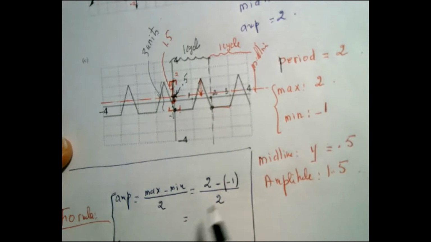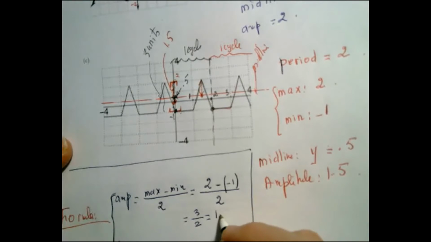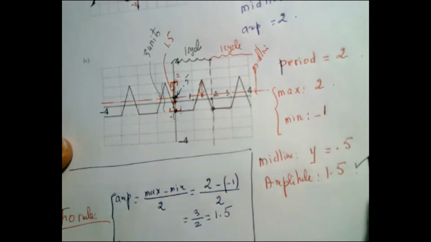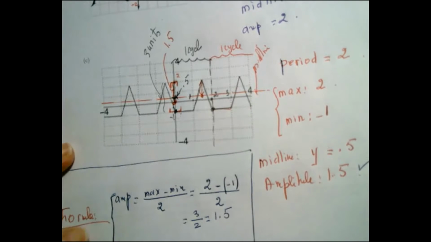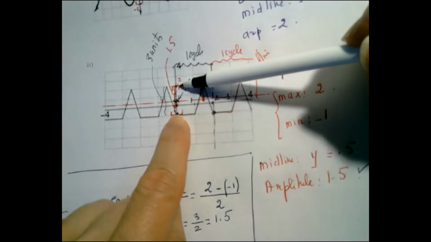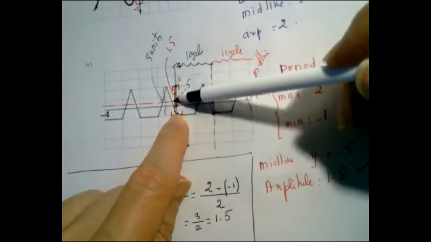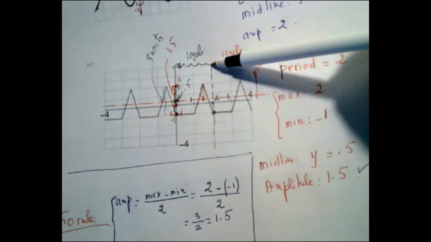That is 2 minus minus 1, a 3, divided by 2, which is 1.5, which is exactly what we got. Because the 3 here is the distance between the max and the mean. That's where the 3 is coming from. When divided by 2, I'm finding half the distance between them.